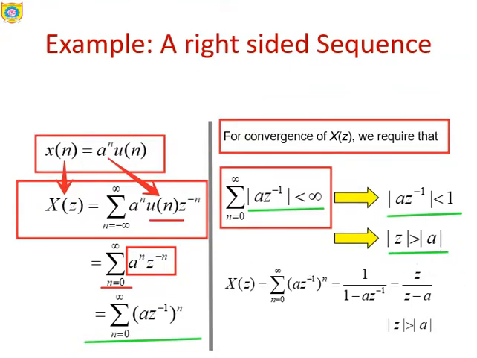How do we solve this equation? X of z is equal to the summation n equal to 0 to infinity of a z inverse raised to n.